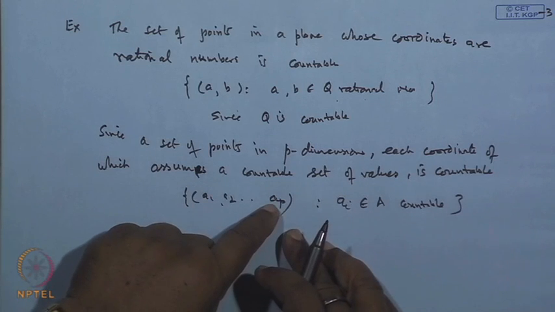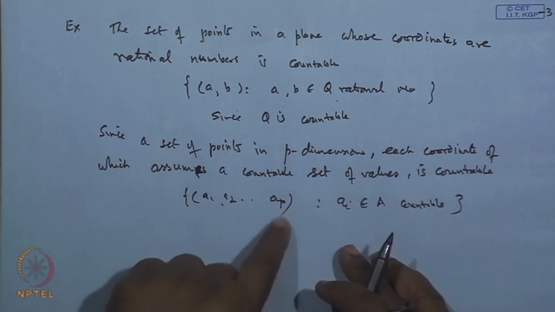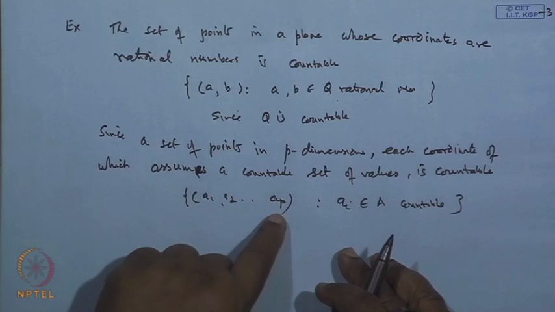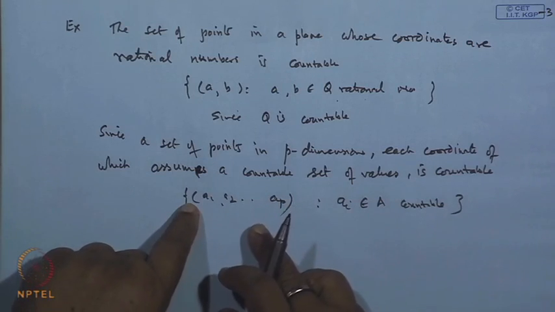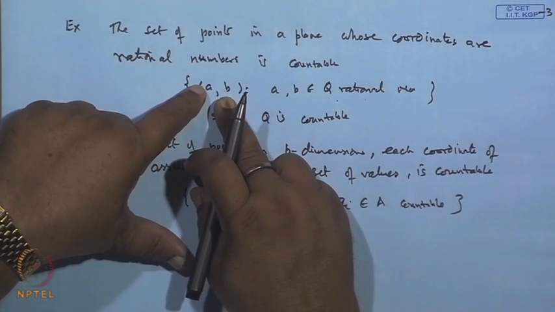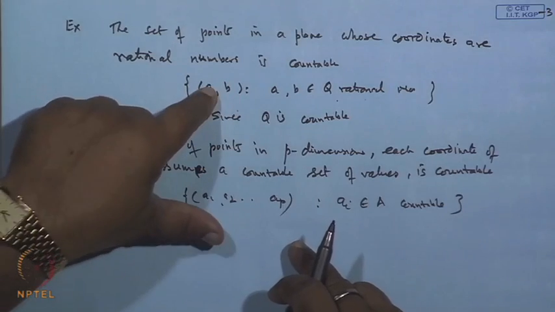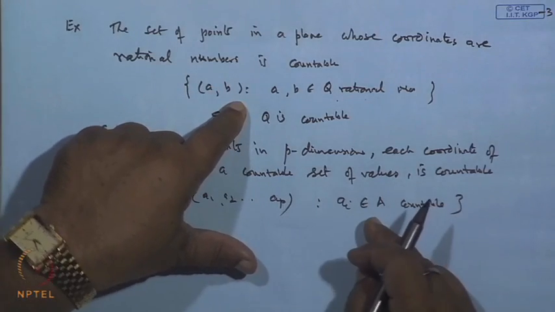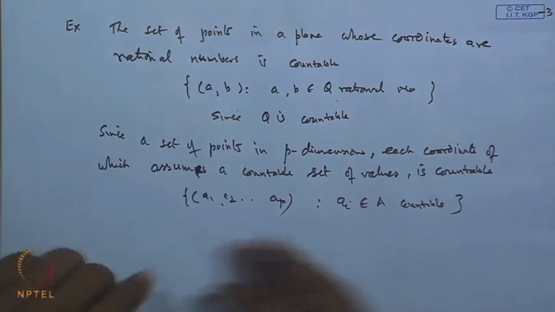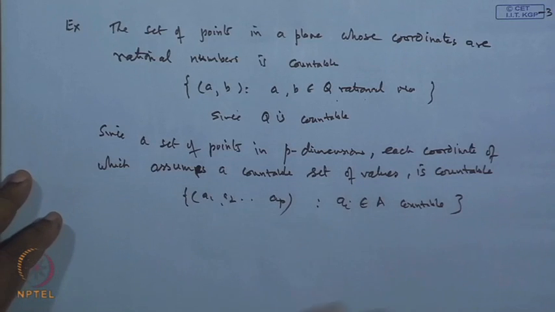Then we have assumed it for up to p minus 1, and for p, when you write the point, it is of this form, called an ordered pair. Then when you fix one value, other values keep on changing. So, it is a countable set. So, this we have already discussed, and this is countable.